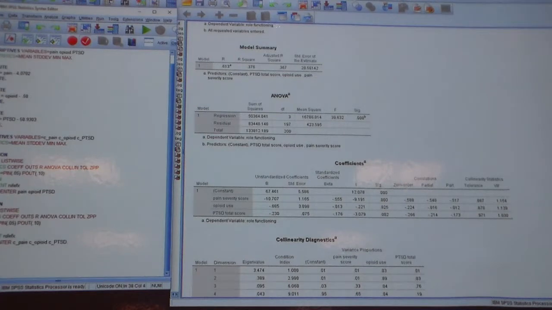So I'm going to go compute, and I'm going to say pain times PTSD is going to equal centered pain times centered PTSD.